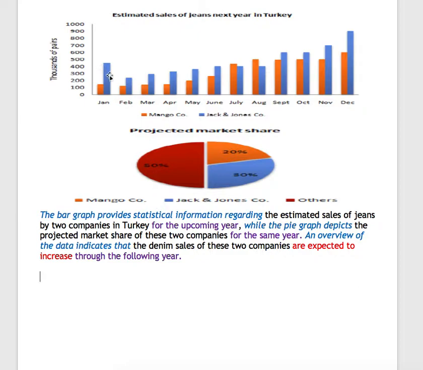So through the year. Seems like that mostly, okay? Now, notice how it doesn't really say anything about the pie graph and the market share. But sales refers to market, okay? Maybe I'll say something about both of it at the end. Good.